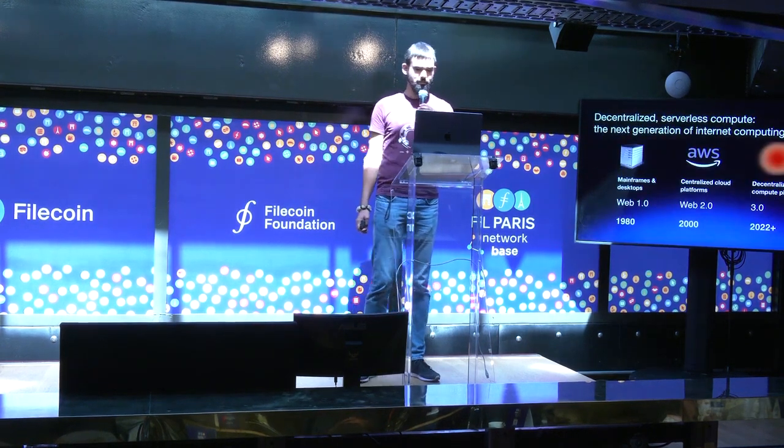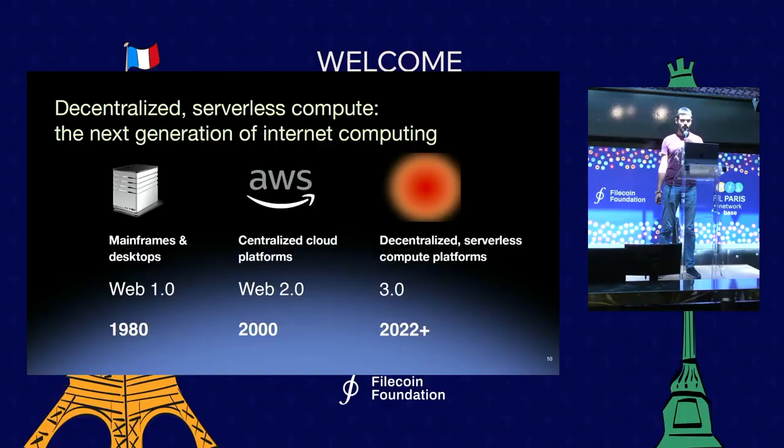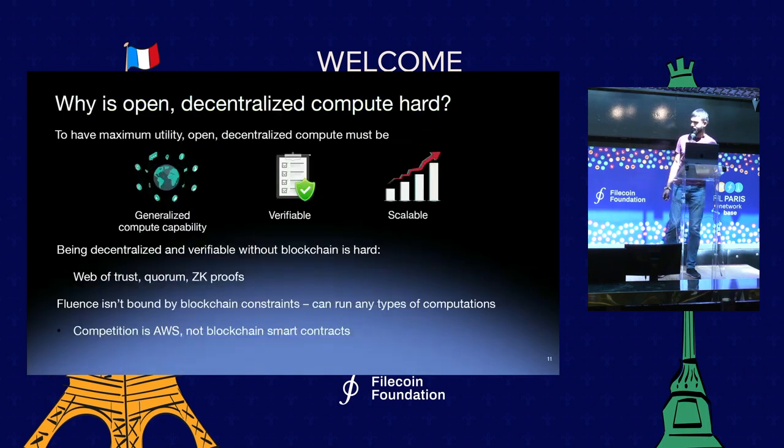So all of this constitutes a new generation, a new step in the evolution of compute. We had mainframes, we had centralized cloud platforms, and now we're opening the era of decentralized serverless compute platforms. That's happening right now. But that means that it hasn't happened before. And that's because making real open decentralized compute is hard, extremely hard to do without blockchain.